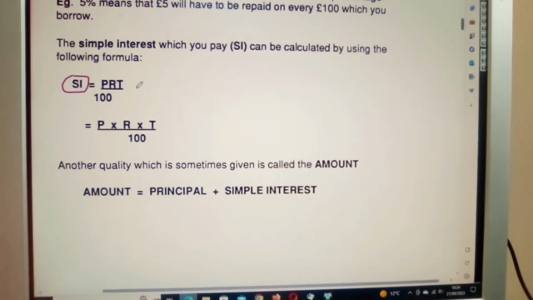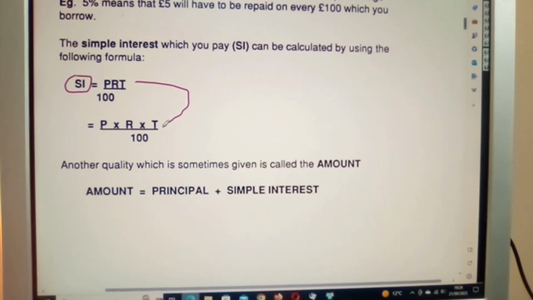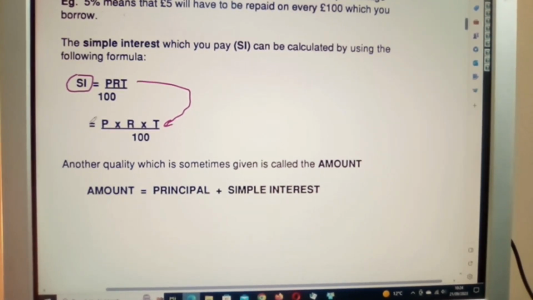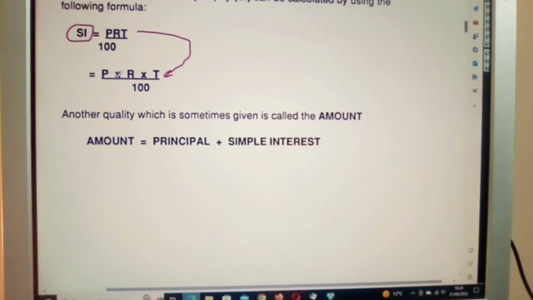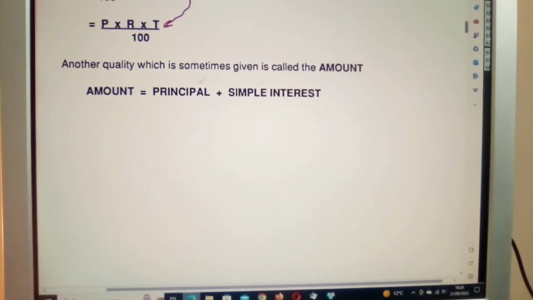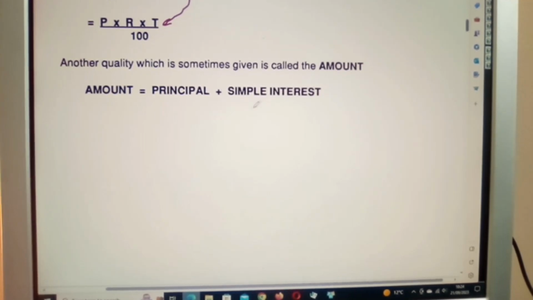So SI equals P times R times T over 100. Now another quantity which is sometimes given is called the amount. Amount equals principal plus simple interest.